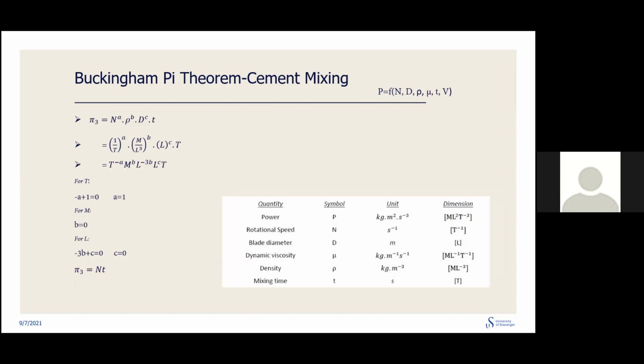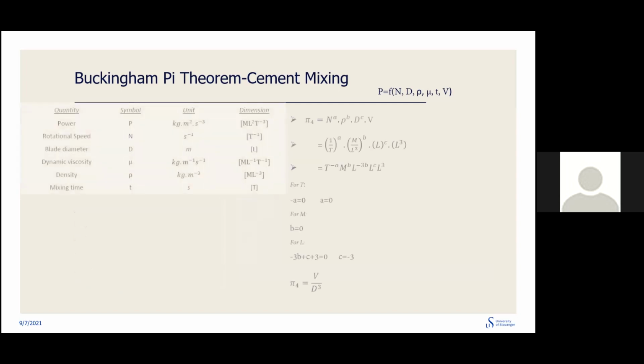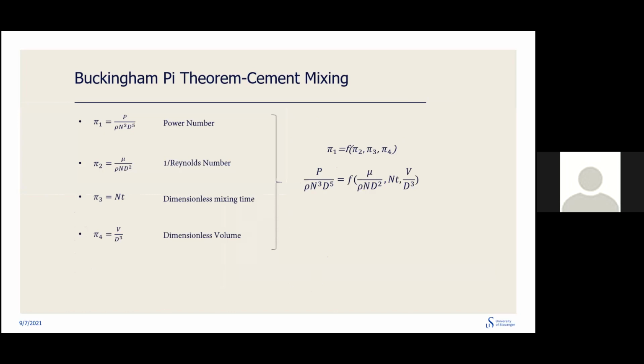Pi 3, we got this one, and I call this dimensionless mixing time. And at the end, for the volume as the remaining parameter, we get this dimensionless volume, which represents the geometric similarity between different scales. So I got these four dimensionless numbers.